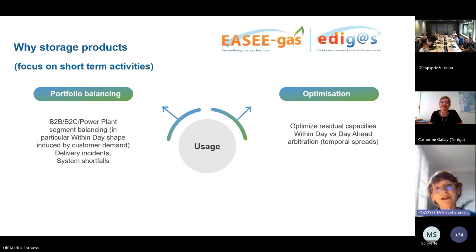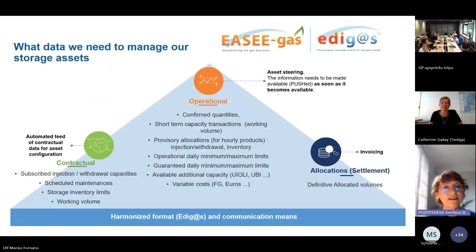And obviously, we want to benefit from the storage flexibility to optimize our portfolio, but as a shipper trader, we have to steer our asset in the most optimum way financially. So storage is a powerful tool for us, but if you could switch to the next slide here, Marius.